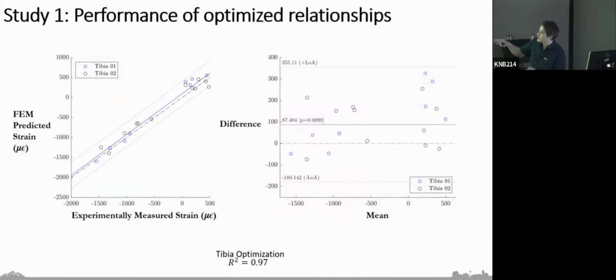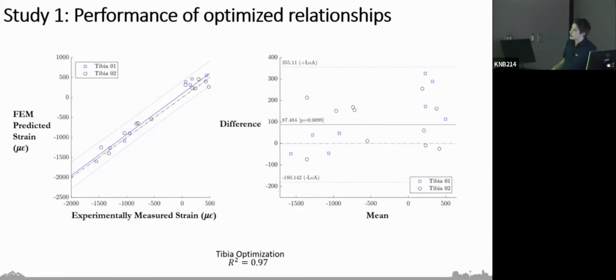It's bounded by our 95% confidence interval, and that black dotted line in the middle is the line of unity. If we have an ideal relationship, then y will equal x, and our points will fall directly on that line of unity. Our linear regression revealed that this FE model was able to explain up to 97% of the variation in these experimentally measured bone strains.